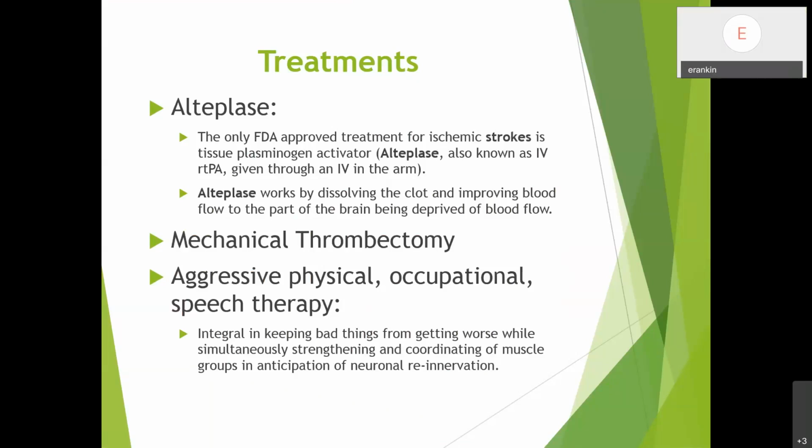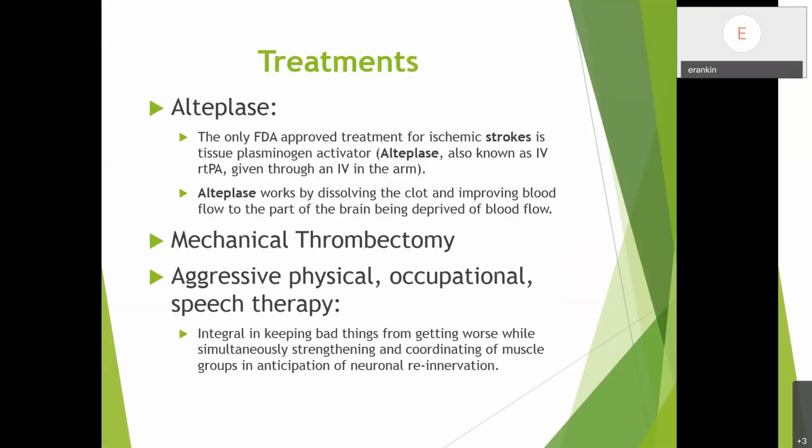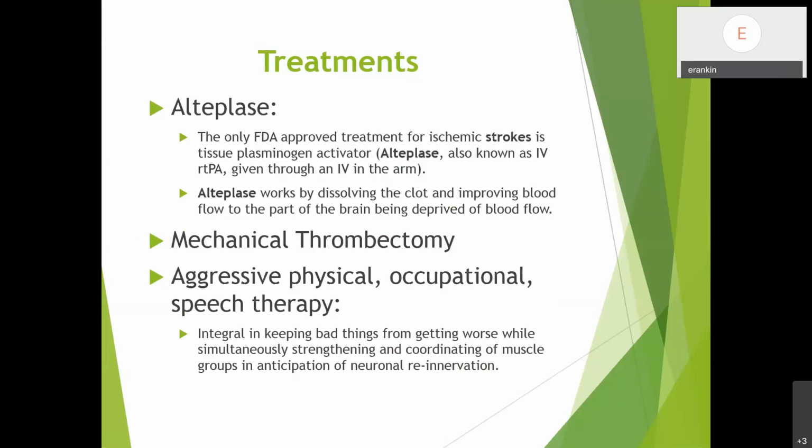And then the next is aggressive physical, occupational, and speech therapy, once the emergent critical care aspects are taken care of. It's integral in keeping bad things from getting worse while simultaneously strengthening and coordinating muscles in anticipation of neuronal reinnervation.